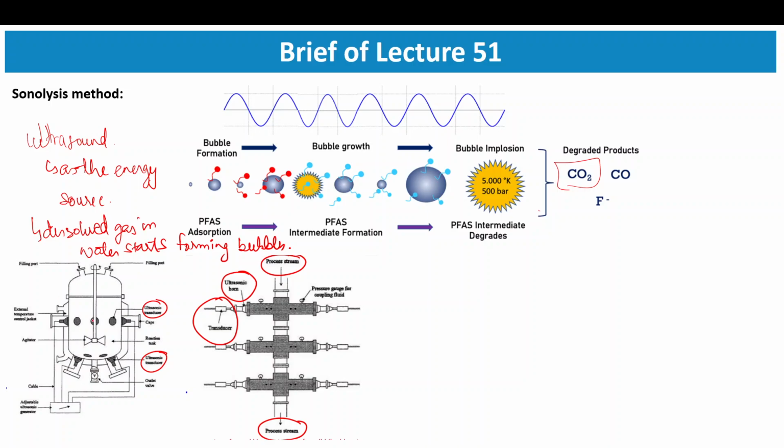Now, for the ultrasound that you are generating, you need to have some setups. You will be generating ultrasound in situ. So these types of reactors have continuous stirring, or some tubular reactor where the process stream passes. Around a tube you have transducers which generate ultrasound, and the ultrasound passes through this tube, and the tube contains the process stream which degrades.